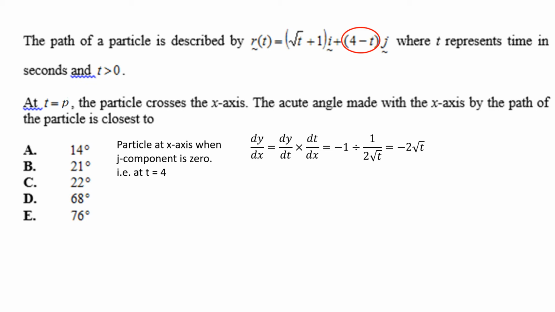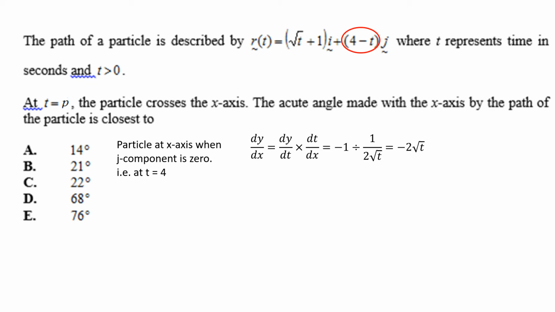So we derive that and we reciprocate it. The derivative of t to the half plus 1 is half t to the minus half. And the derivative of 4 minus t is just minus 1. So there's the two components multiplied together, divided by, it flips over, and we've got that expression, a generalized expression.